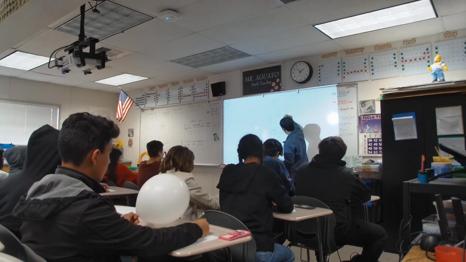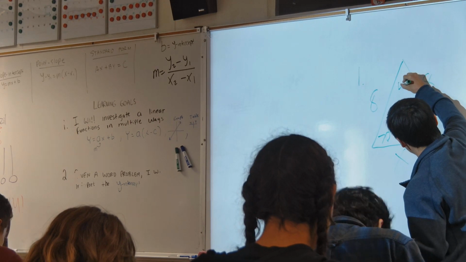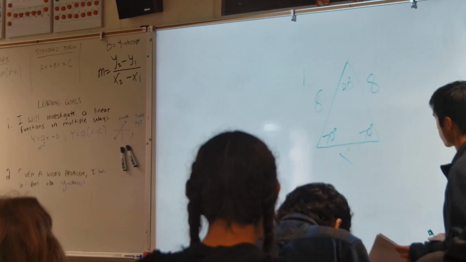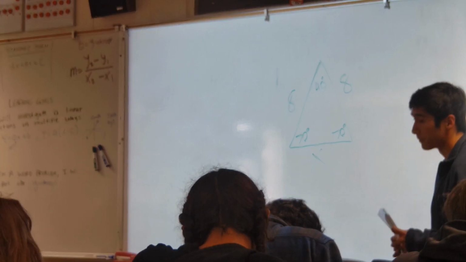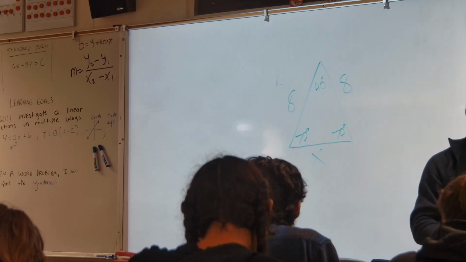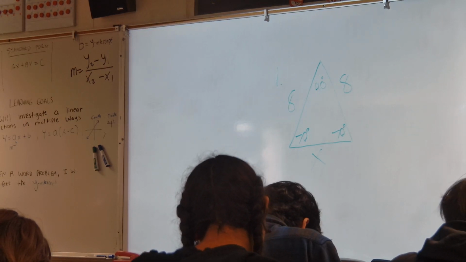This is 40 degrees right here. Sorry, it's pretty bad. I want you guys to find the area of this isosceles triangle. I'll walk around and see if you have questions, but you get 3 minutes to solve it.